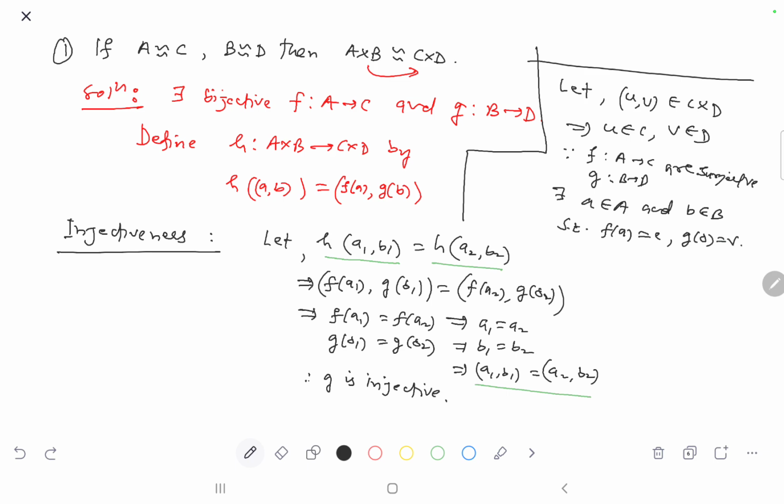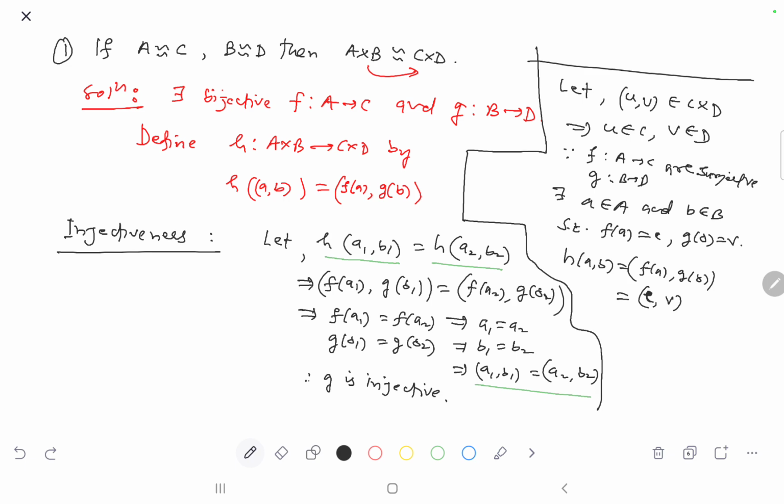So what happens if you calculate h of (a, b)? That is nothing but (f of a, g of b). Since f of a is u and g of b is v, we get (u, v).